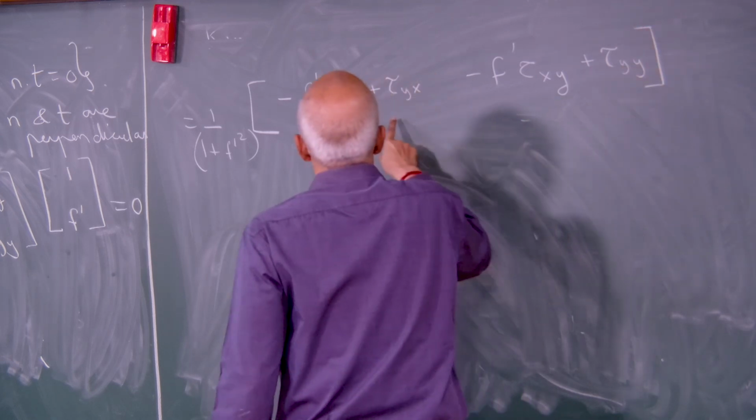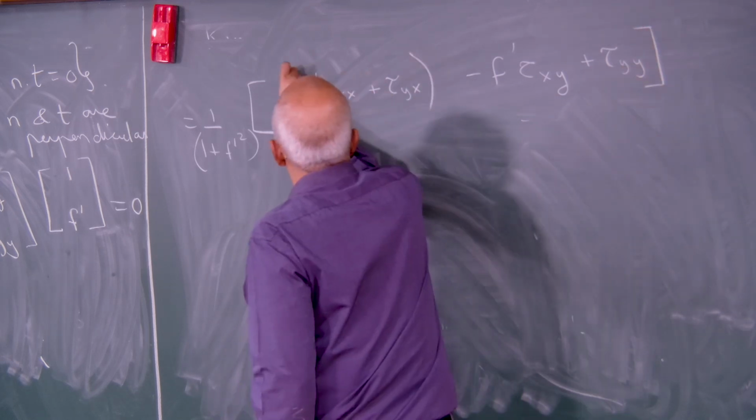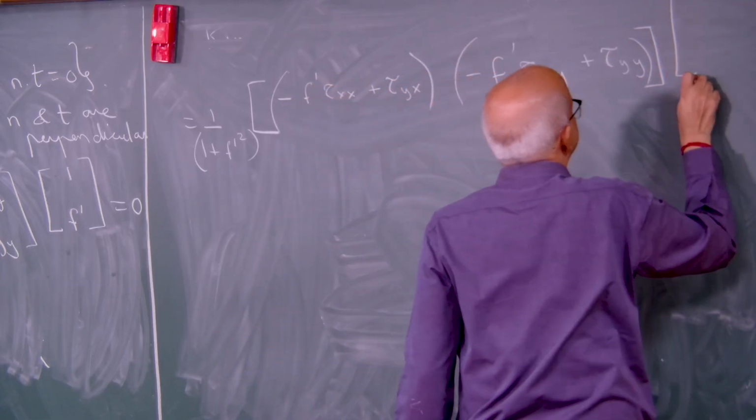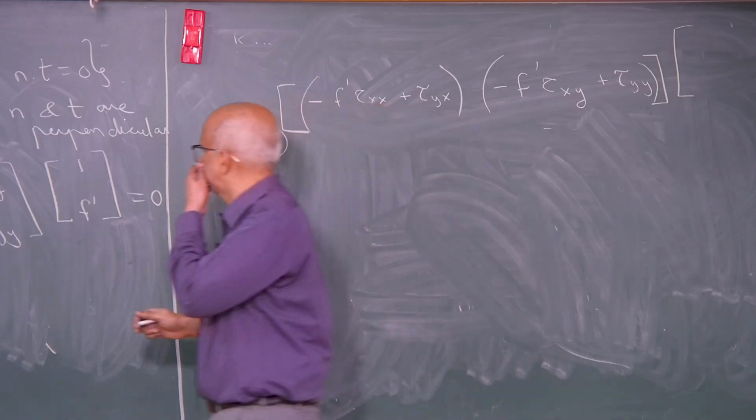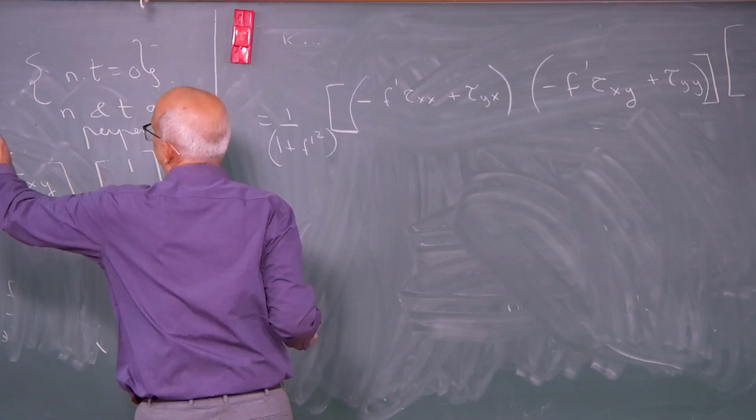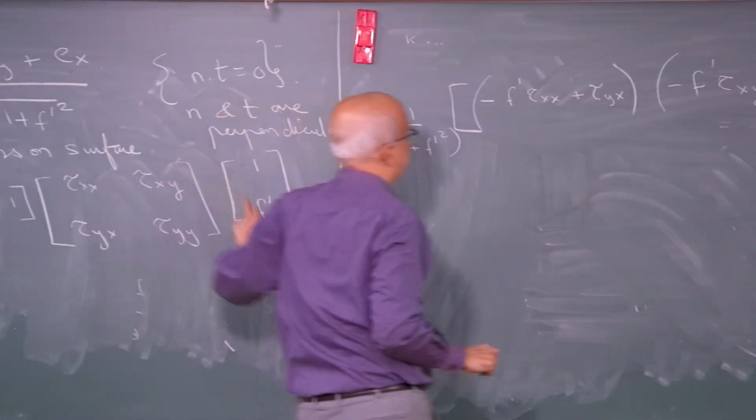So, this is one element, this is another element. Just to be on the safe side, I am putting a bracket here, and this multiplies 1, f dash. X is my first component, so that is the first component here.